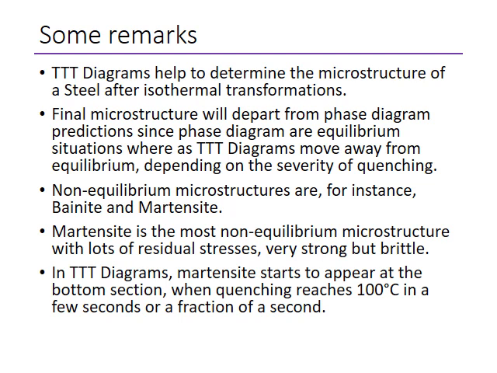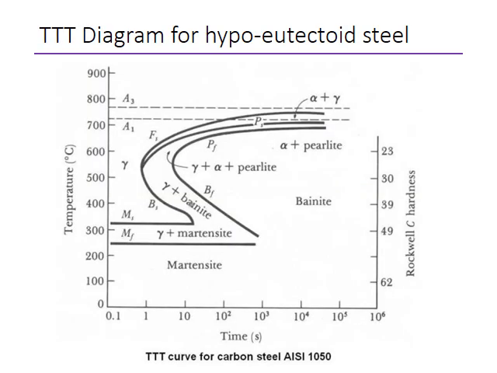So let's try to see other types of TTT diagrams. This is a diagram for hypoeutectoid steels. What does it mean, hypoeutectoid steels?